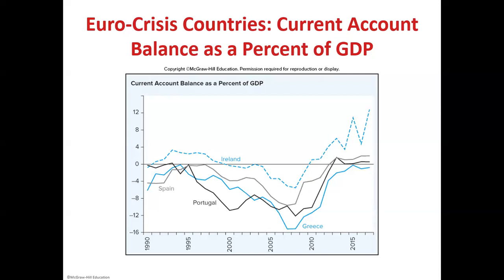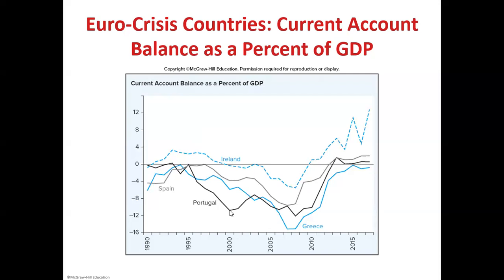Now, after 1995, we see that the deficit balance of the current account balance as a percentage of GDP increased significantly. Say, for example, as you mentioned, in 1999 the euro was offered for the first time. And we do see what it is for Portugal.